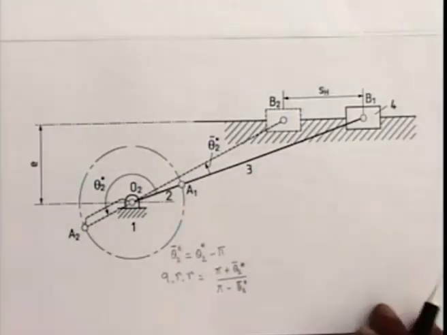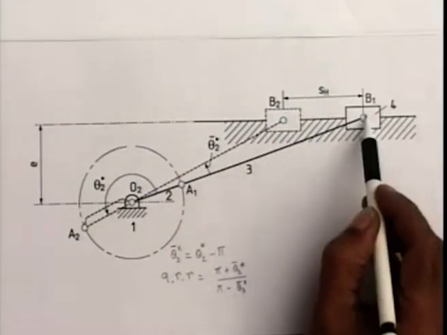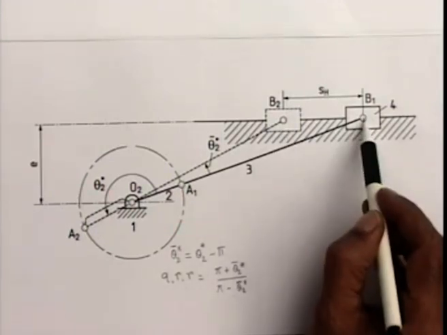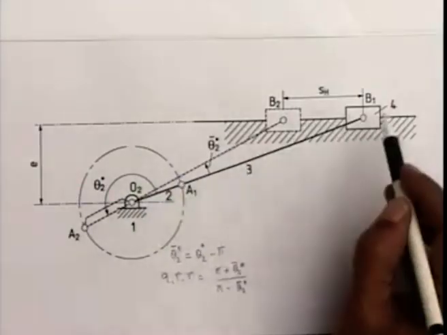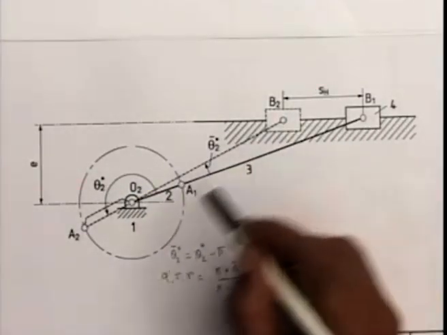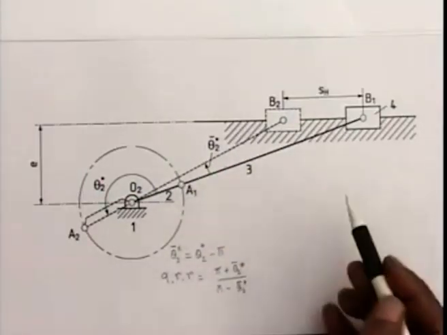To solve this problem geometrically, what we should notice is that for a given quick return ratio, this angle theta 2 star bar is fixed, which you can solve from this equation, and this is the stroke length SH. As a result, the point O2 must lie on a circle passing through B1, B2 and O2, since the circumferential angle of a circle remains constant.